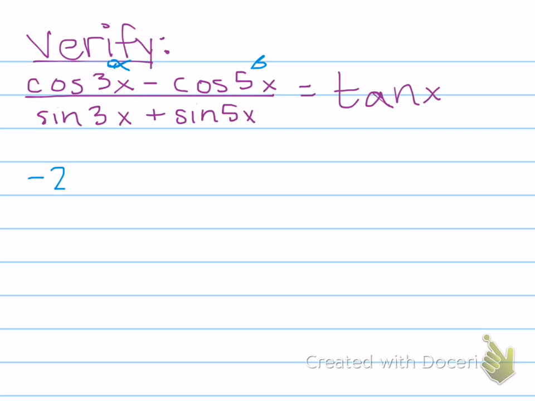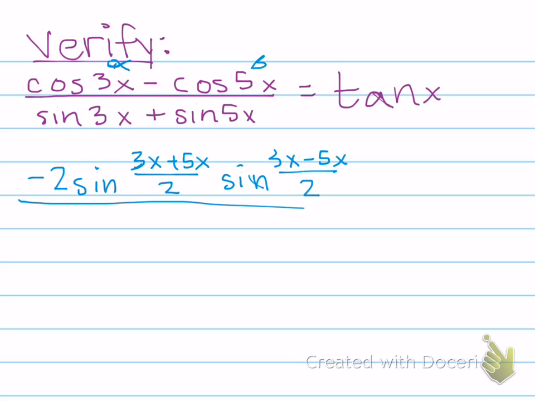So I have -2 sine of 3x minus 5x all over 2 times sine of, actually, you know what, that should be plus. This one should be 3x minus 5x all over 2.